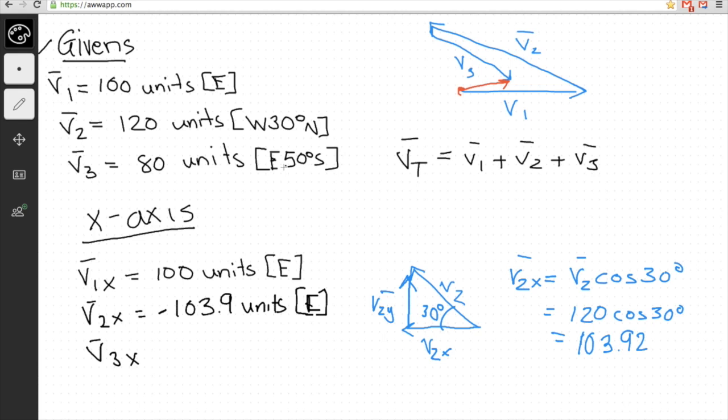If we were to draw it, it would be cos, because that's the side adjacent to the angle. And it's going east already, so we don't have to make it negative. So that would be 80 cos 50, and that works out to be 51.4 units.